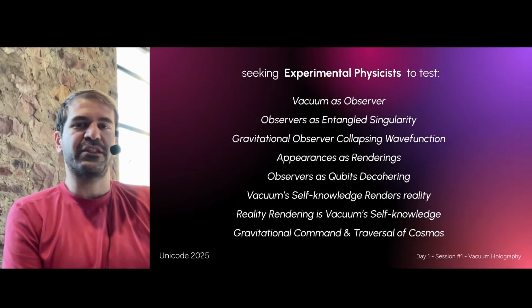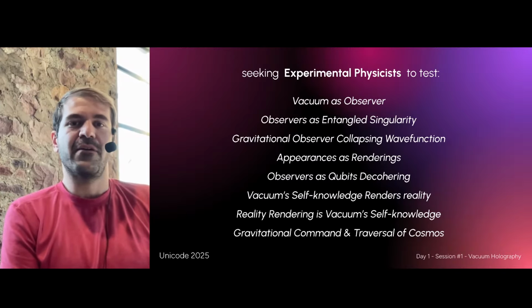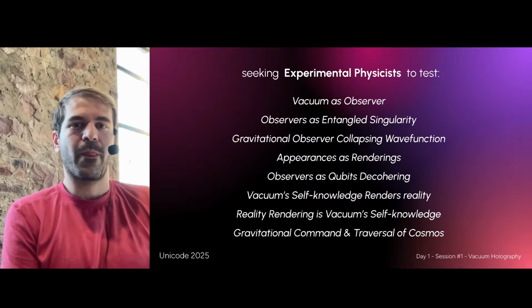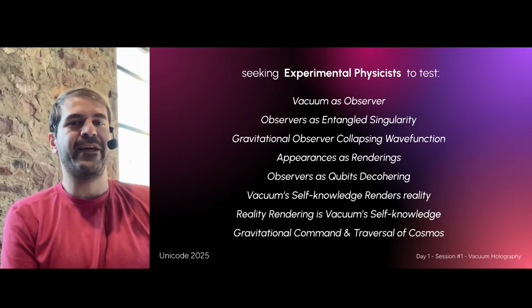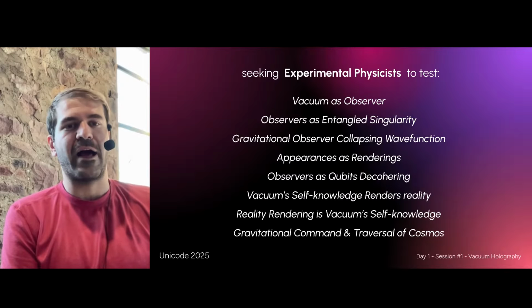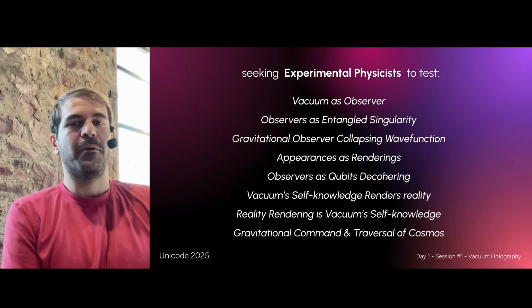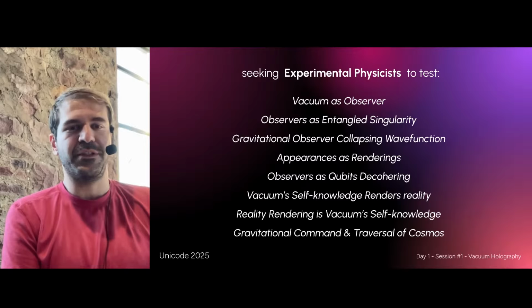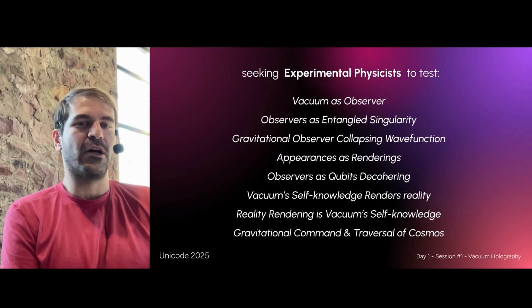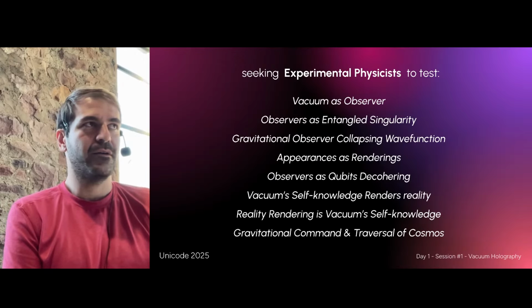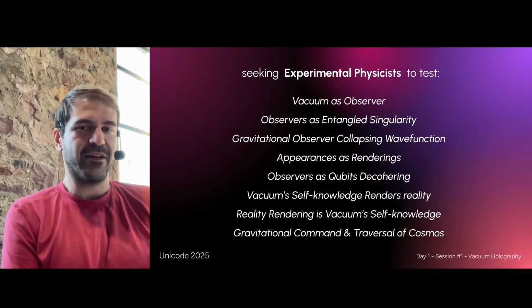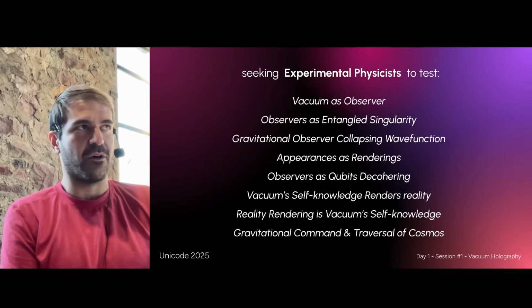So, seeking experimental physicists to test vacuum as observer, observers as entangled singularity, gravitational observer collapsing wave function, appearances as renderings, observers as qubits decohering, vacuum's self-knowledge renders reality. Reality rendering is vacuum self-knowledge.